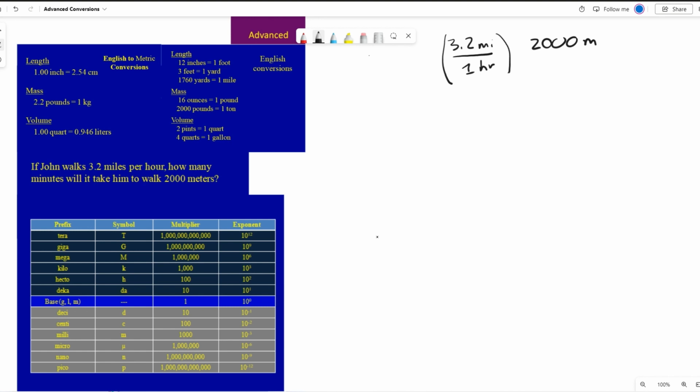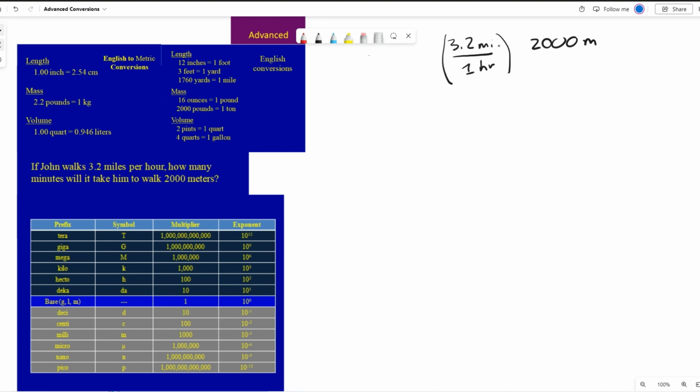All right, well, geez, how do you go from there? So what you're given is these 2 pieces of information here. And from these 2 pieces of information, you have to find how many minutes it takes him to walk 2,000 meters. Well, the first thing that you want to notice is meters is a length unit and miles is a length unit.